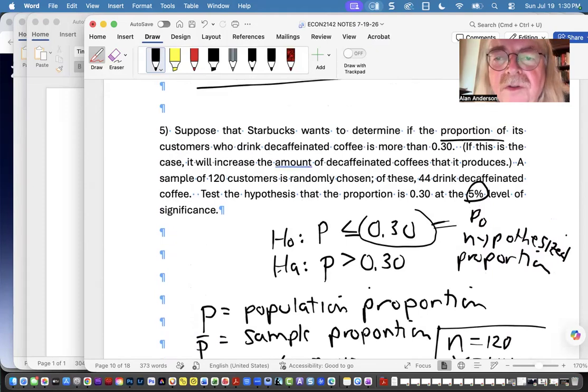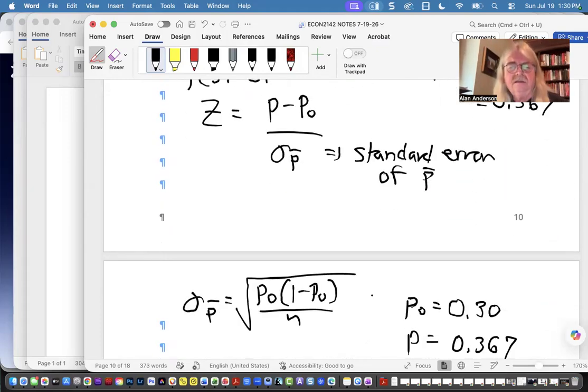And that means that the proportion of decaf drinkers is 30% or less.